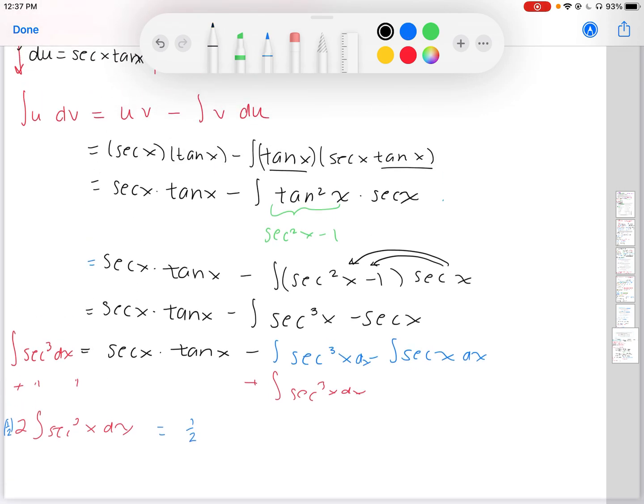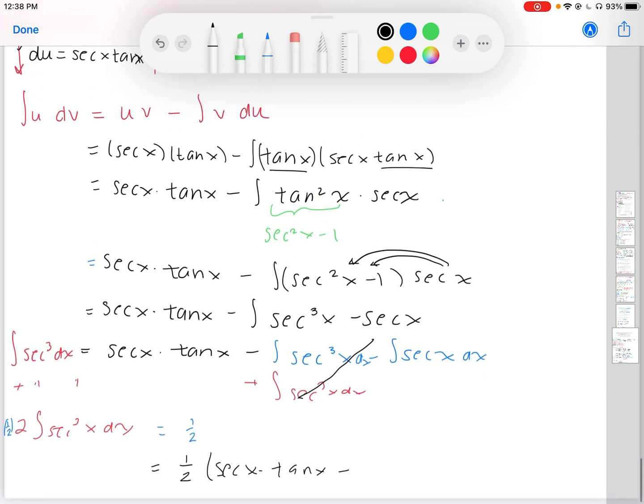So that you have 1/2 times secant of x times tangent of x minus, that integral is gone because we added it to the other side. And then we can go ahead and actually evaluate that secant integral. The integral of secant of u is ln of secant of u plus tangent of u.